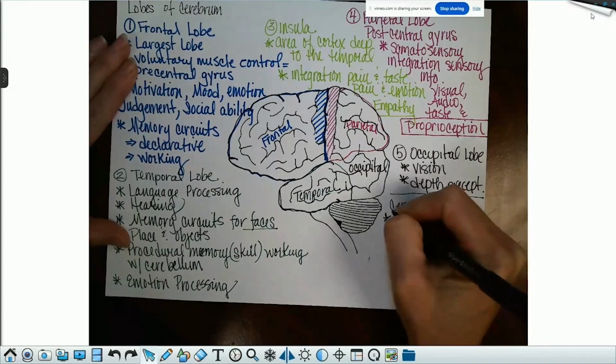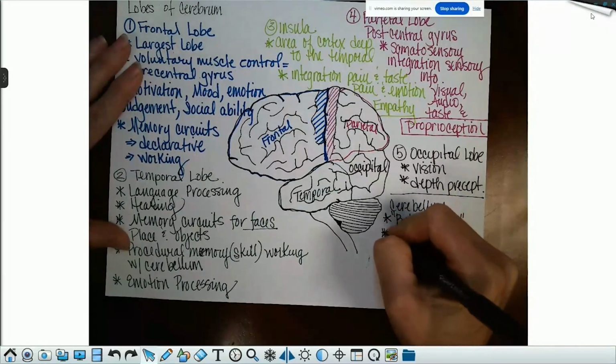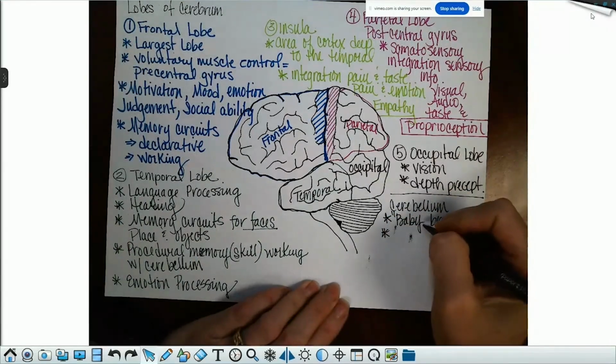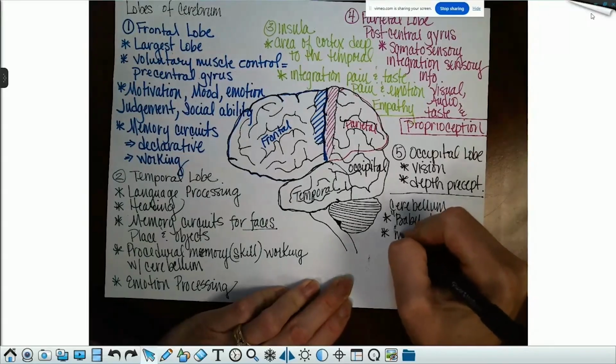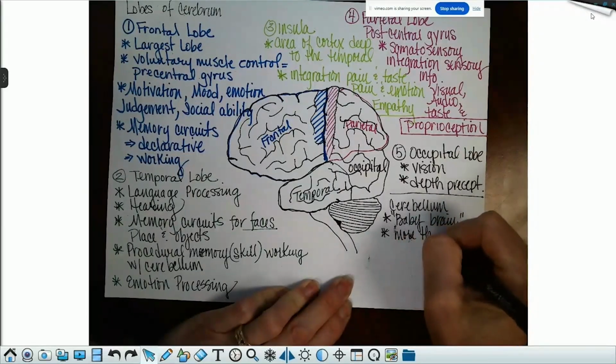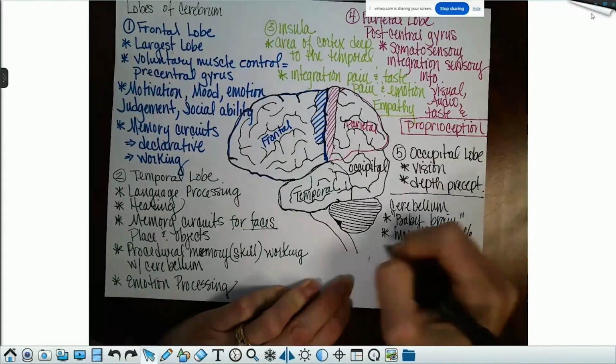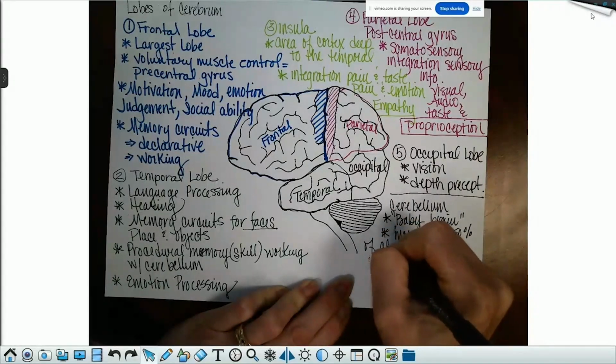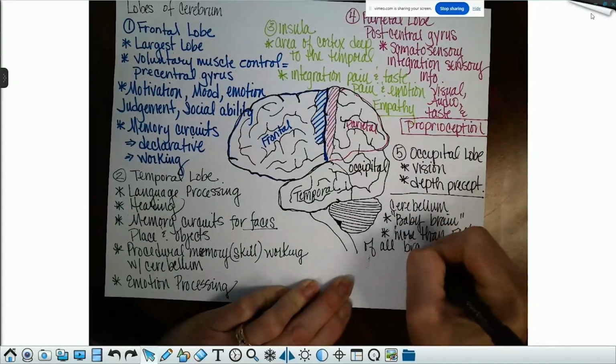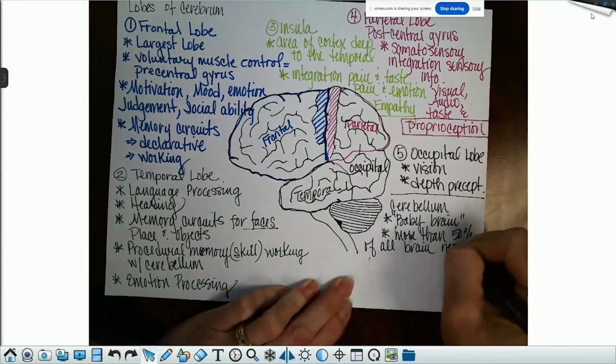However, this baby brain structure has more than 50% of all brain neurons. That's a lot.